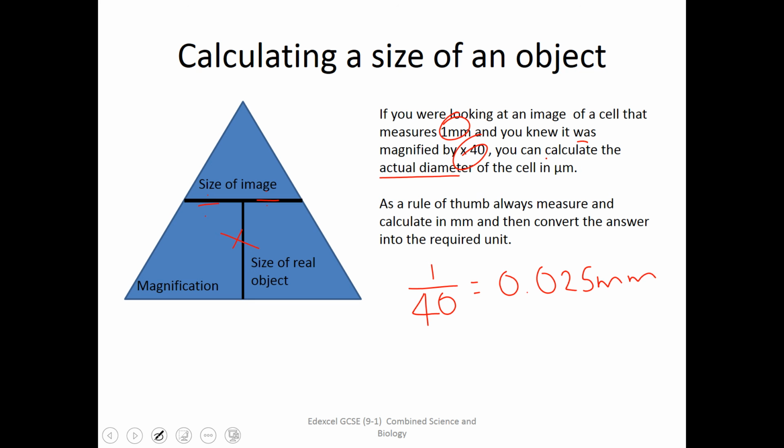Again, looking at what I've been provided, they want the answer in micrometers. So to give me that, I would multiply this answer by 1000, which would give me 25 micrometers. So the size of the actual diameter of the cell is 25 micrometers.